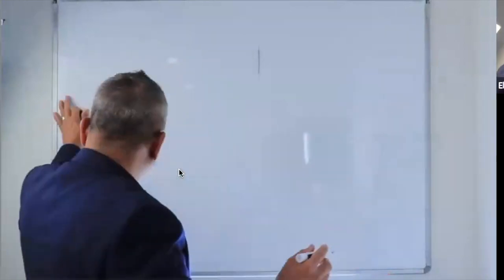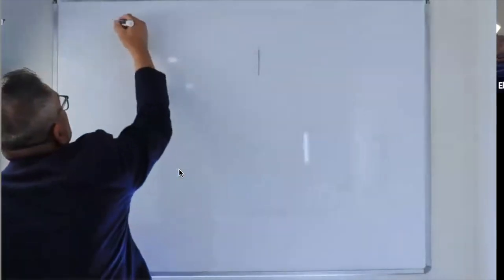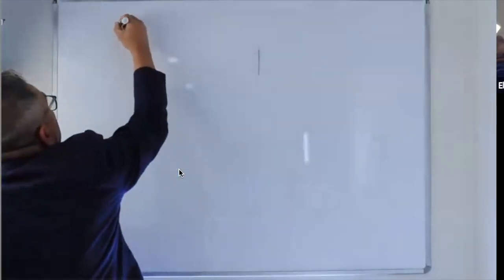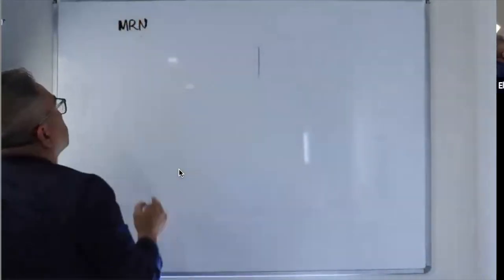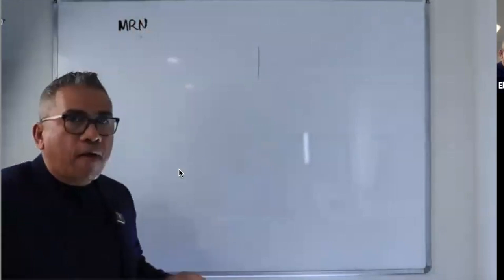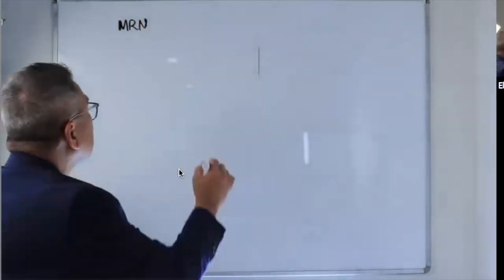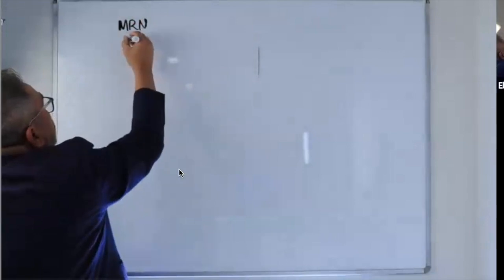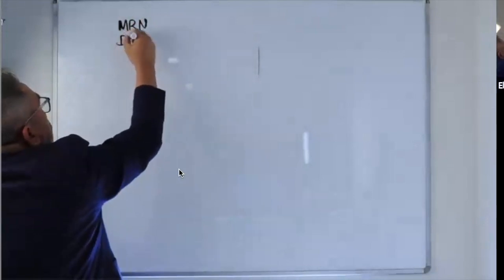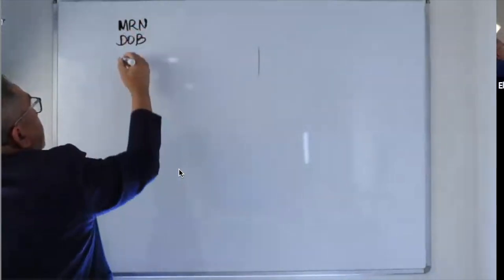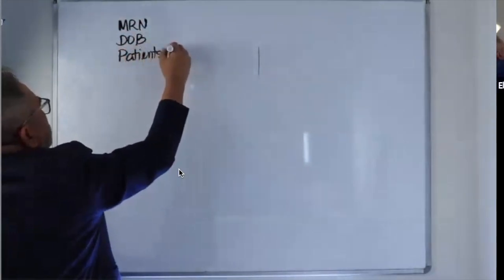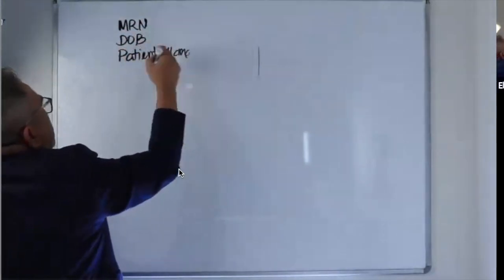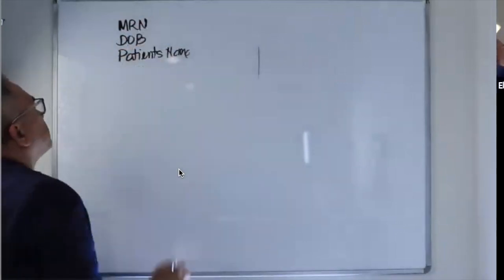Of course, you expect the patient information, right? It starts with what we call the MRN, or medical record number. That's the header. Most medical records start with that. Now you have the MRN, the patient's date of birth, and the patient's name, or sometimes the patient's name first and then the date of birth.